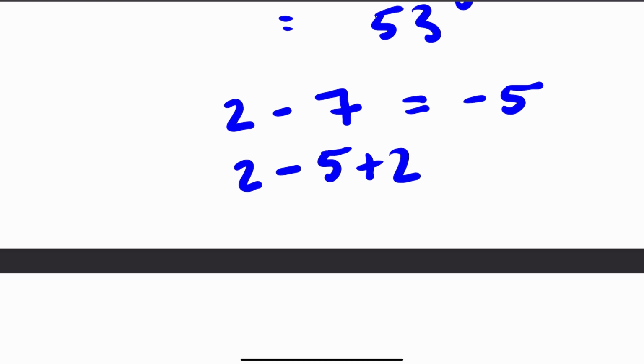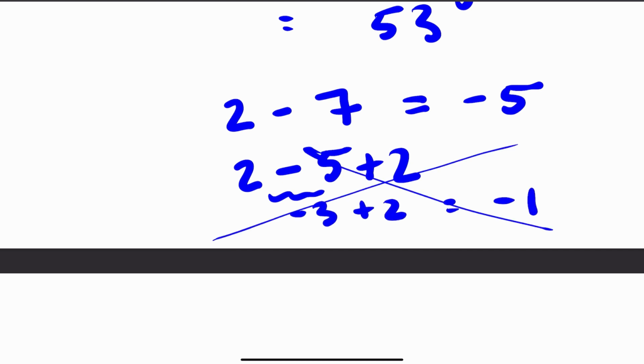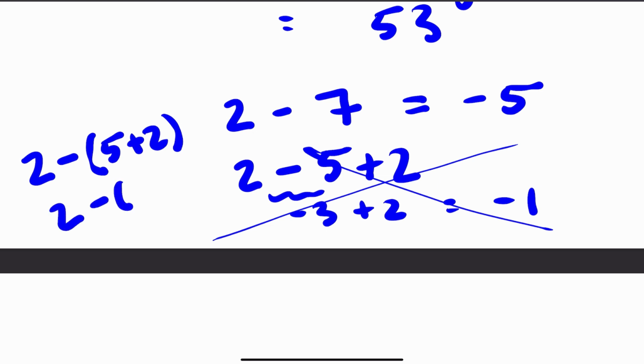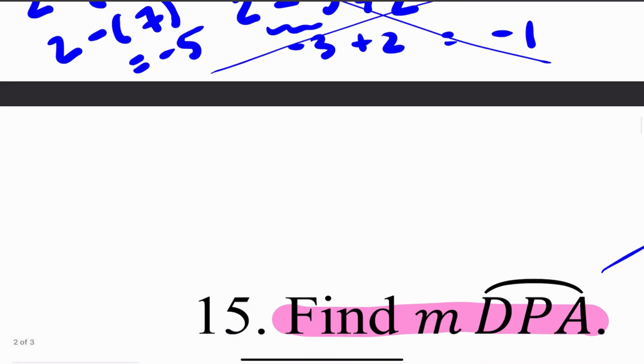Because if I do that without the parentheses, well, 2 minus 5, that's negative 3, plus 2, that's negative 1. This just doesn't work. So, if I said 2 minus the quantity 5 plus 2, well, remember with order of operations, you have to deal with the stuff inside. So 2 minus 7, well, 2 minus 7, that's negative 5, okay?